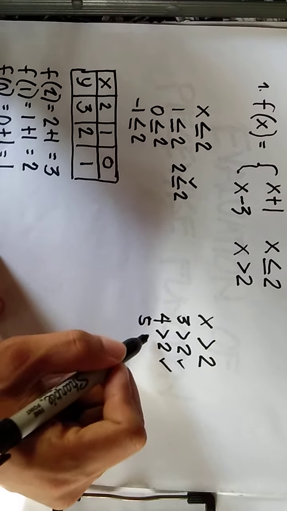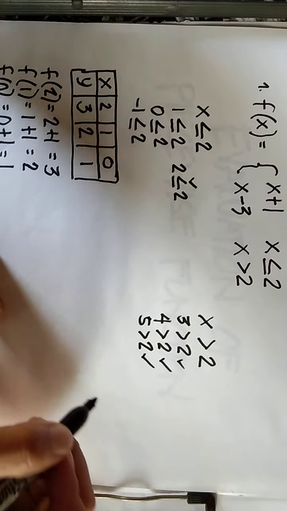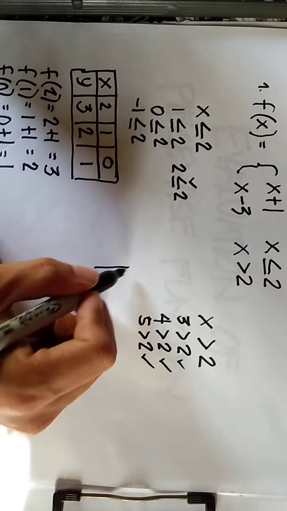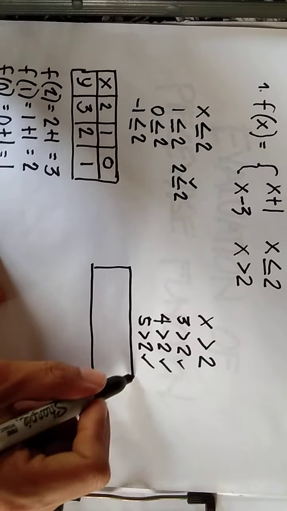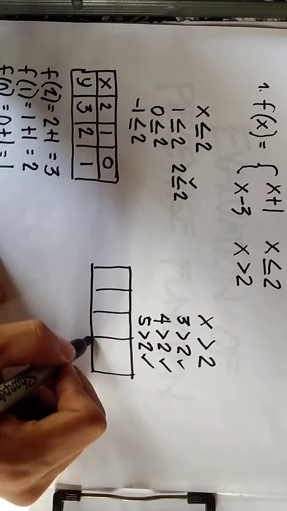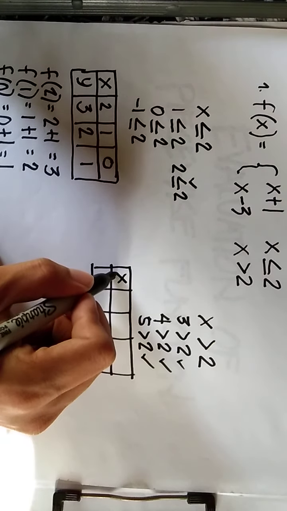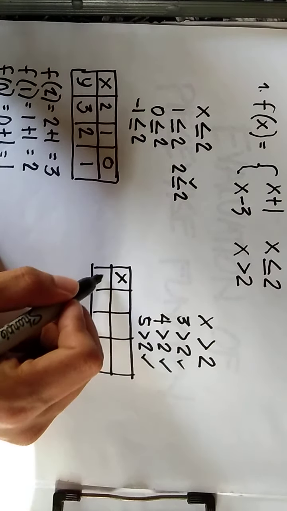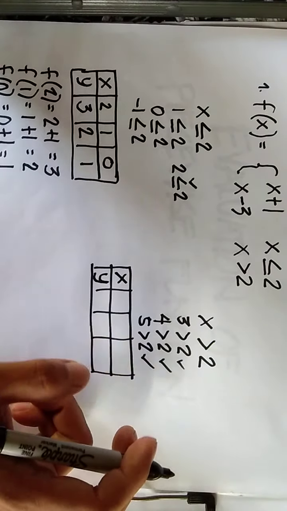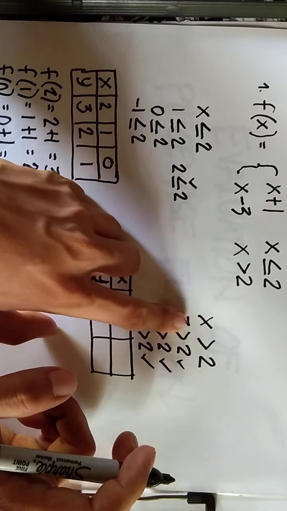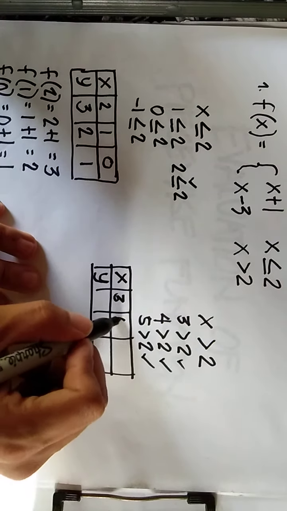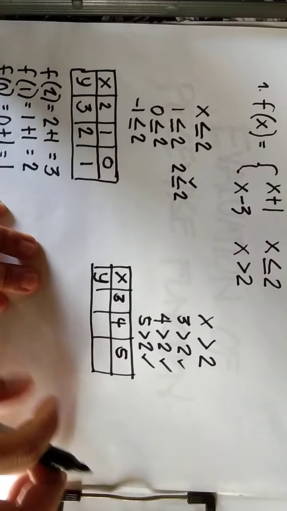And then, we have 5, which is mas malaki sa 2. So, drawing ulit tayo ng table. Wherein we have our x values and we have our y values, na kung saan yung x values natin is yung mga values na nag-meet doon sa conditions natin. So, we have 3, 4, and 5.